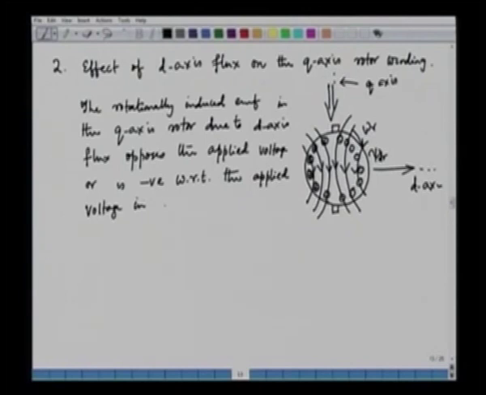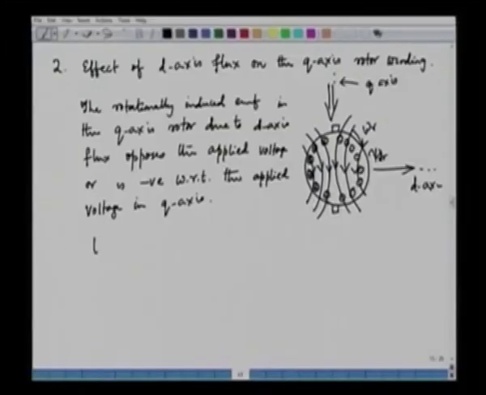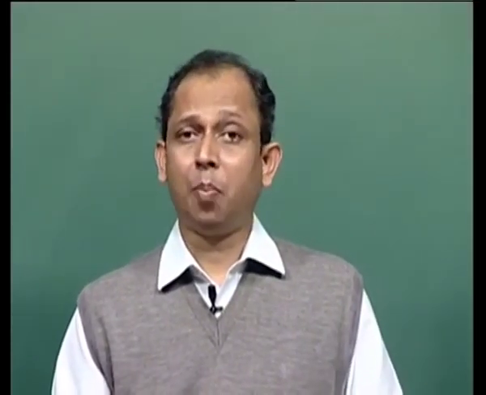in q axis. So we can write down the rotor equation in the q axis once again, as we have done for the d axis. We can do that. VQR is equal to RQR IQR, which is the resistive drop, plus P psi QR, and we didn't know the sign of the rotational induced EMF. As per this analysis, we have seen that the rotational induced EMF is in opposition with the applied voltage.